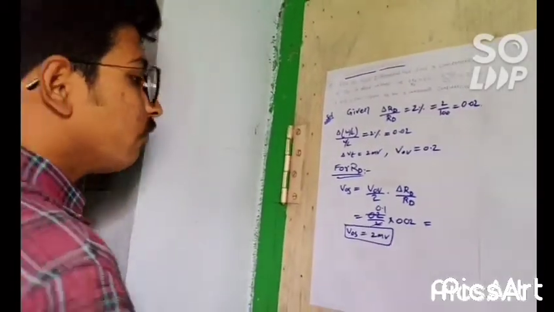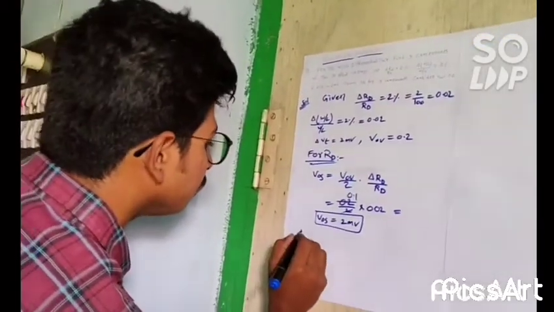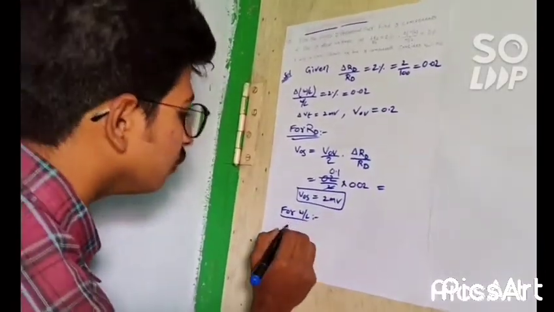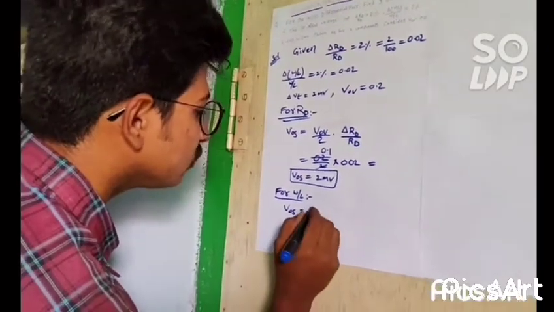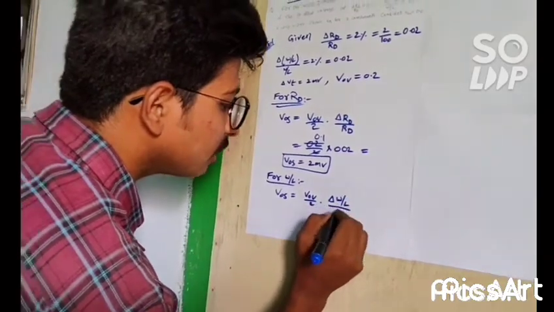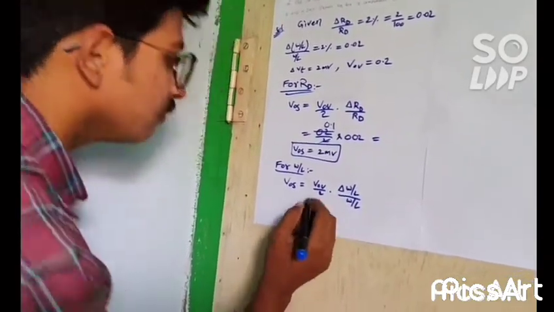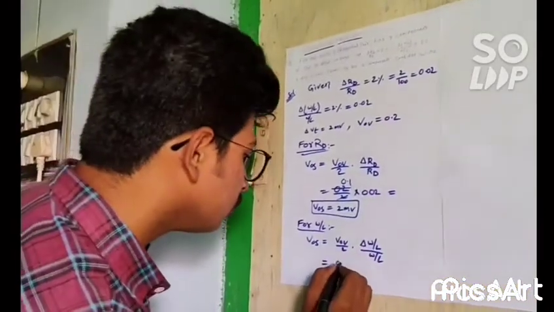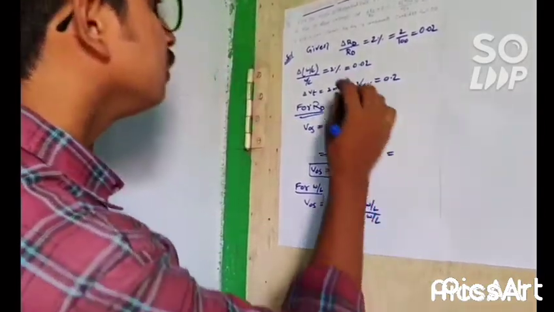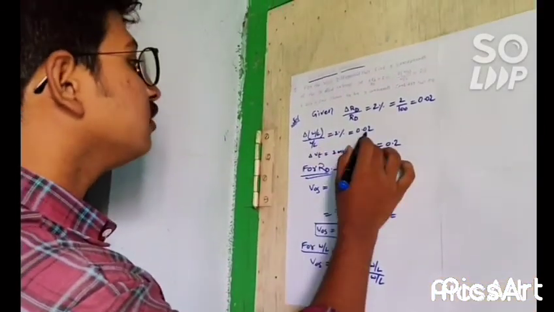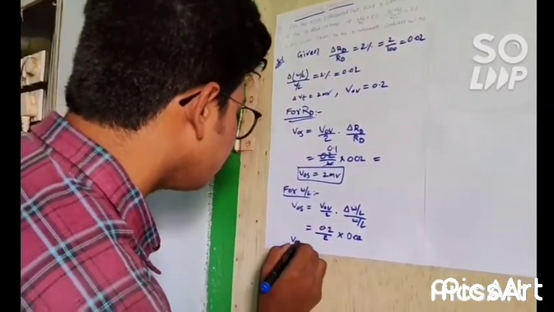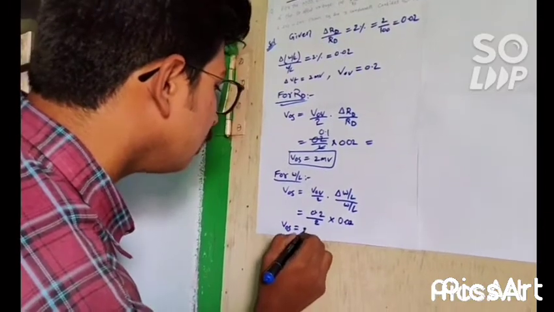Now for W by L, VOS is equal to VOV by 2 into delta W by L by W by L, where VOV is equal to 0.2. So 0.2 by 2 into, given that delta W by L is 0.02. Same, here also VOS is equal to 2 millivolts.